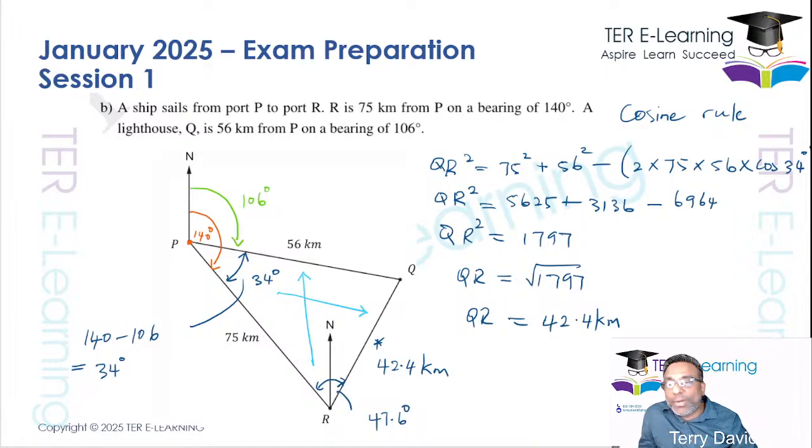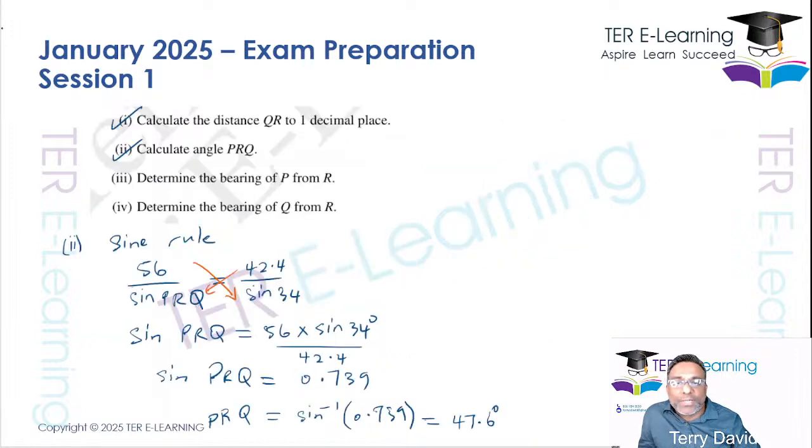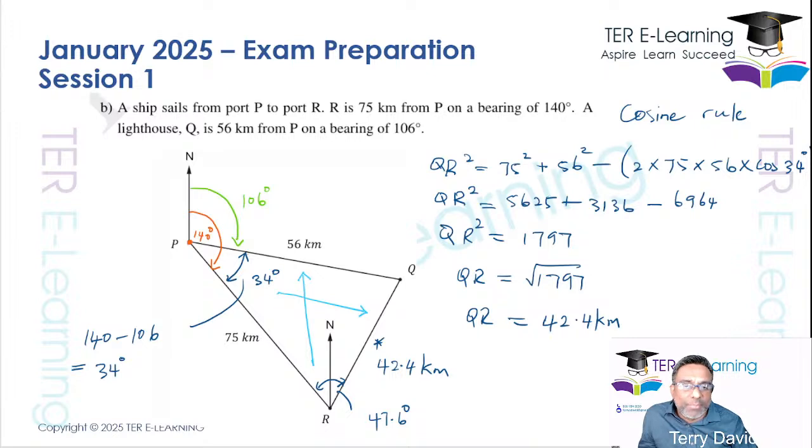All right, now let's see what bearings they want us to work out. The first bearing that they want you to determine is the bearing of P from R. Let's go to the diagram. So the bearing of P from R, you want to head towards P from R. On the diagram here, you have to figure out what angle we are looking for.